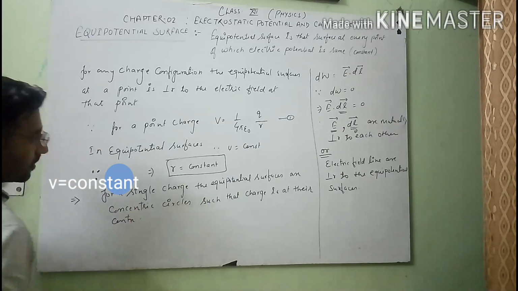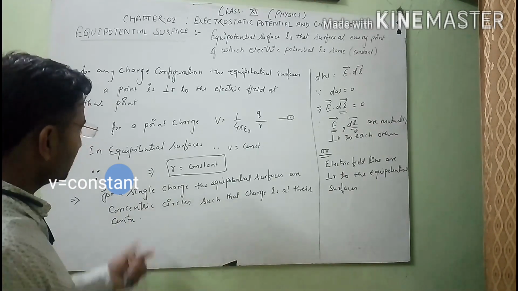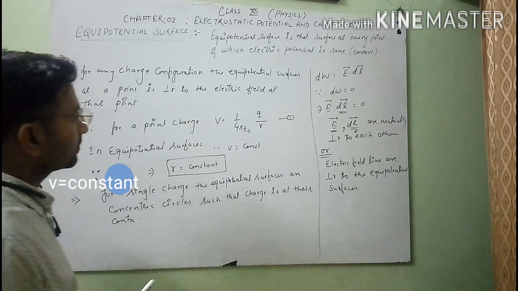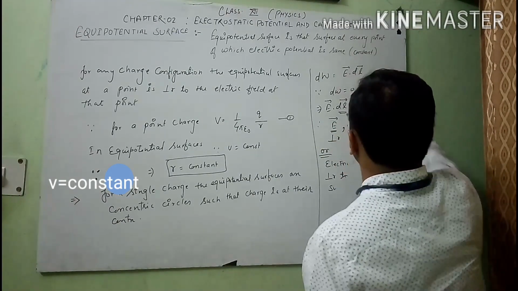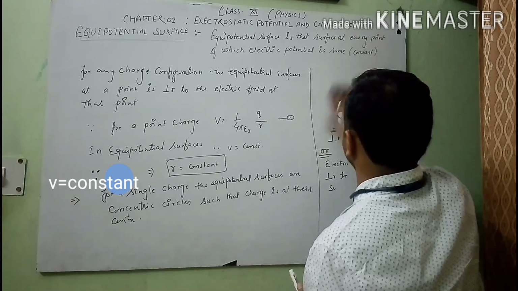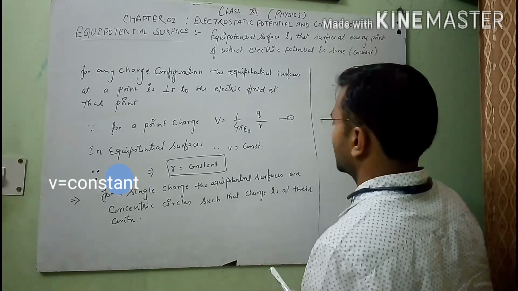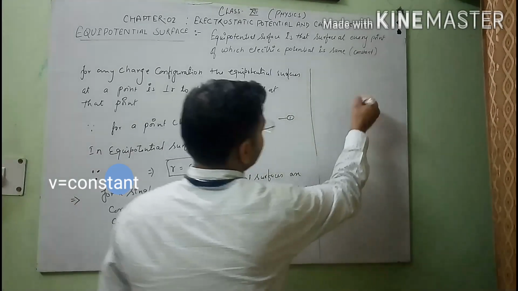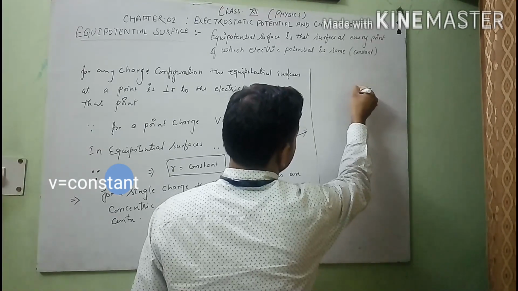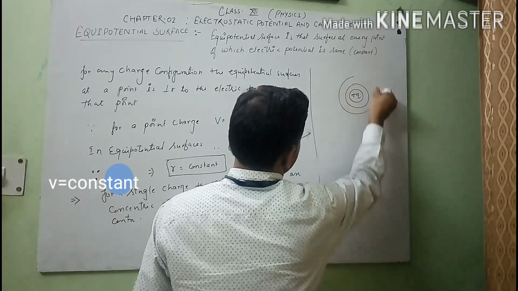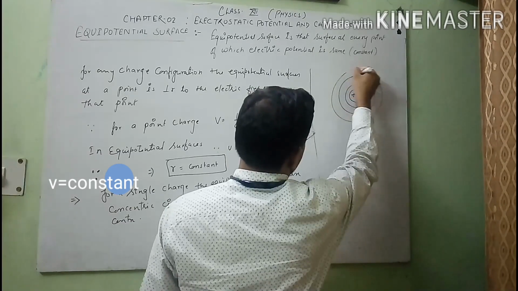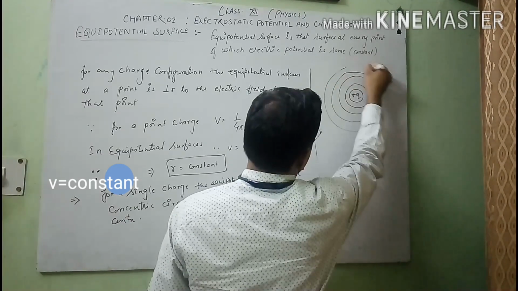As you know, all concentric circles have the same center. So if we talk about a single charge, the formation of equipotential surfaces is like concentric circles. See the diagram here. If I talk about this charge Q, the equipotential surface around this charge is in the form of concentric circles.